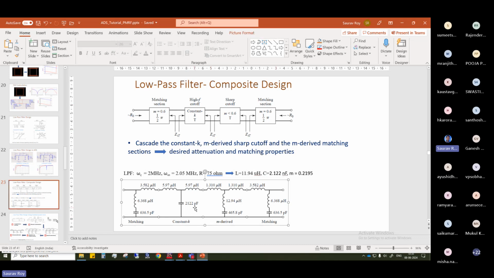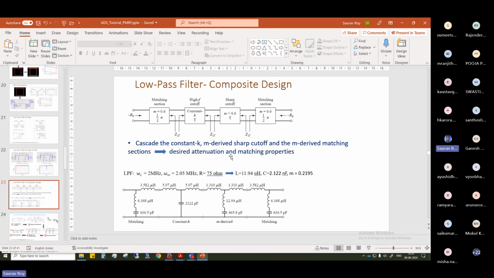That's why in the equivalent circuit in the schematic here, you see there are 4 different sections. The first one is M-derived, the second one is constant K, and the third and fourth are again M-derived. So now they will ensure attenuation as well as matching all together.